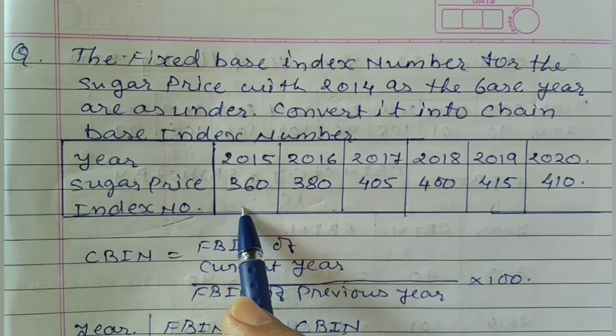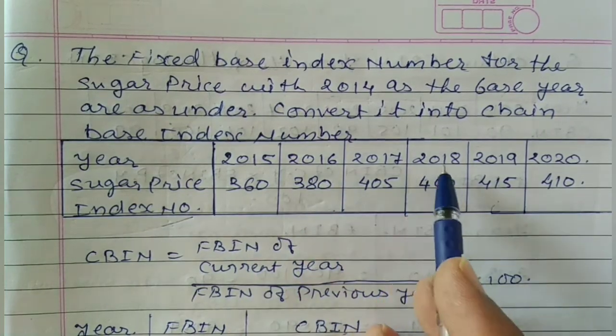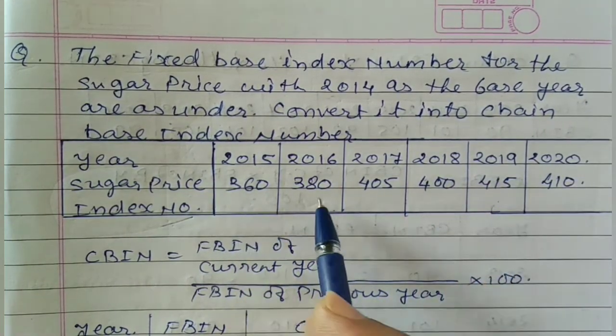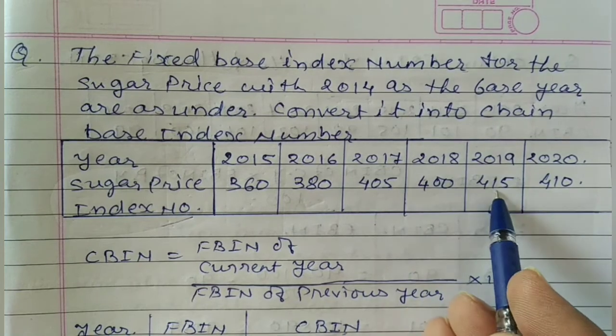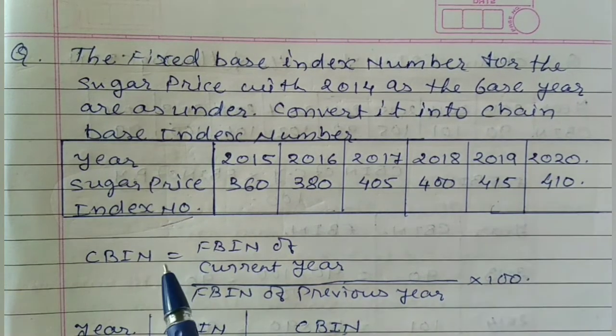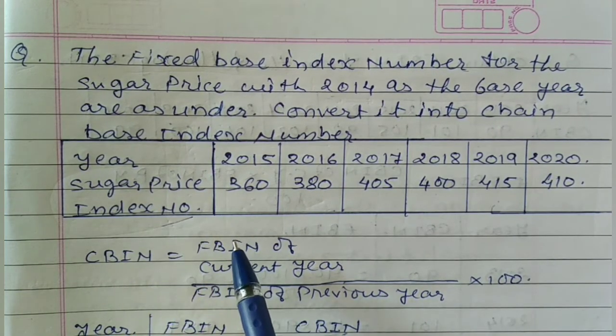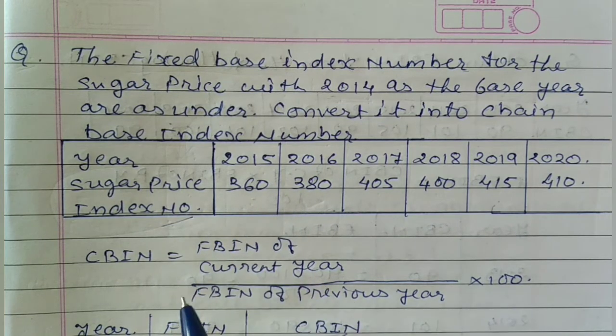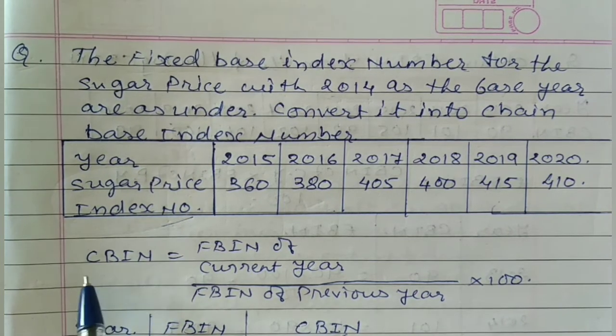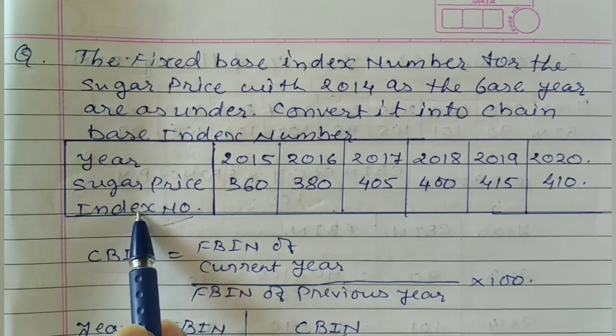Now the data is given for 2015, 16, 17, 18, 19, 20: 360, 380, 405, 400, 415 and 410. You are supposed to convert to CBIN, chain base. And students, I know the formula of chain base. What is the formula of chain base? Price of current year upon price of previous year. You are supposed to apply it here, but with just a little change. We require to find out chain base index number. FBIN is given.